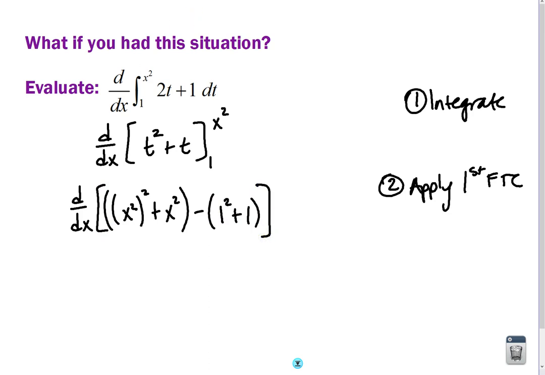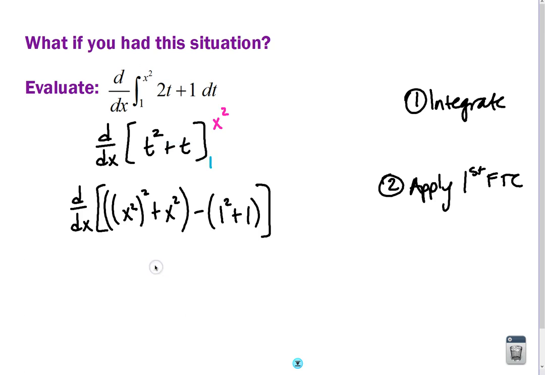Let me help you out with some colors. Let's make that one blue.